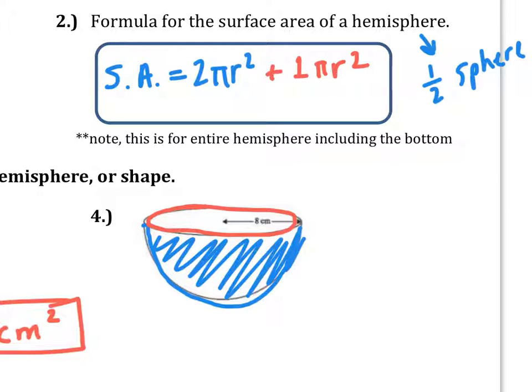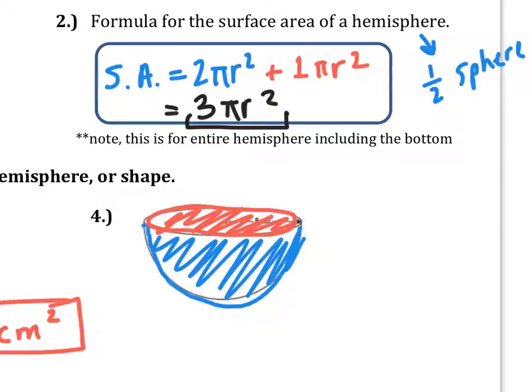And by adding pi r squared to this formula, we also will get what the surface area of that top is. And so this whole thing, 2 pi r squared plus 1 pi r squared, is 3 pi r squared. So most of the time we will use this 3 pi r squared piece. But if you want to have an open top, the surface area would just be 2 pi r squared.